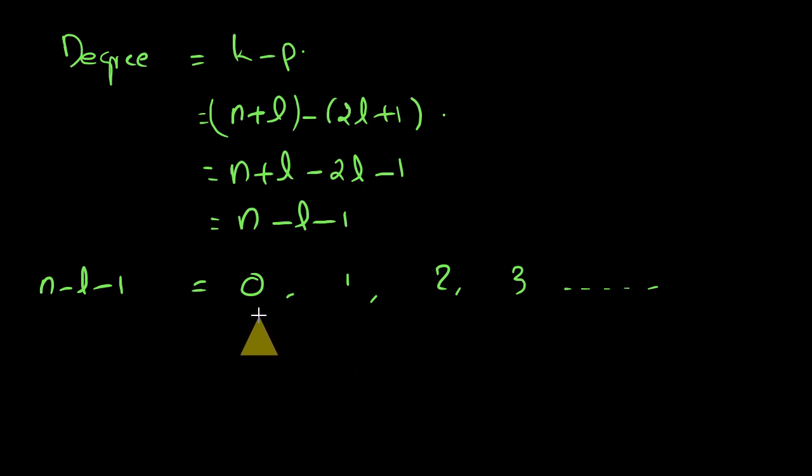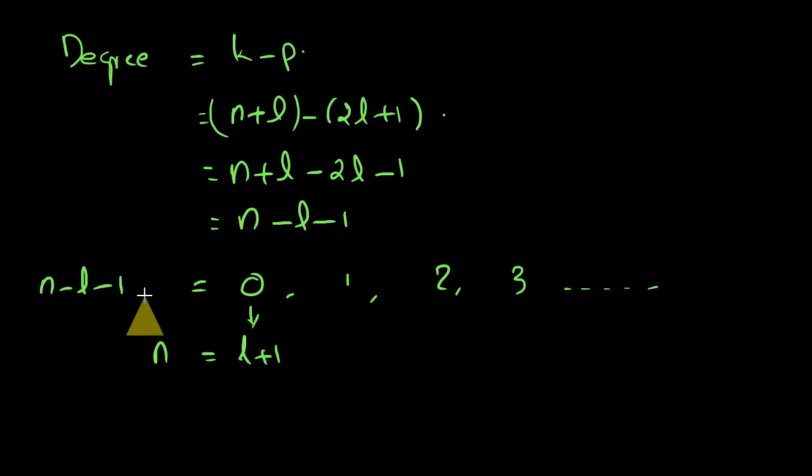And when L is equal to 0, we already know from this equation that this is N minus L minus 1, right? Therefore, what are the possible values of N from this one? When N minus L minus 1 is equal to 0, N is equal to L plus 1.